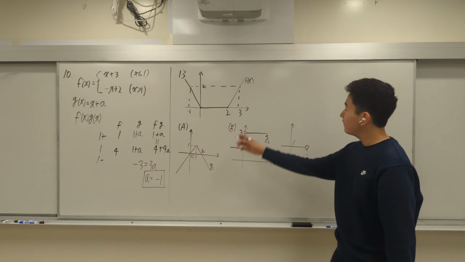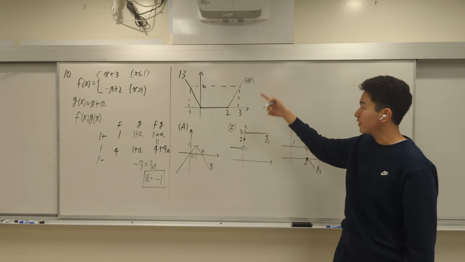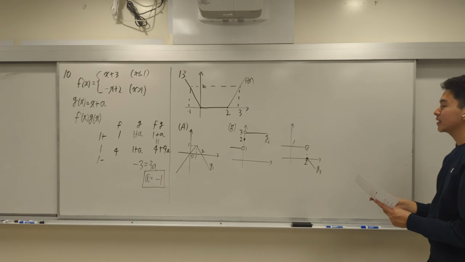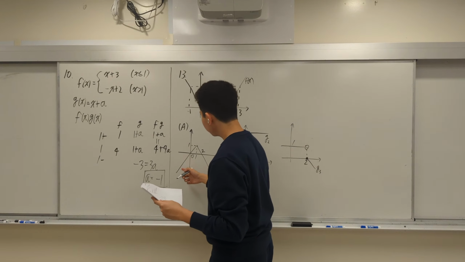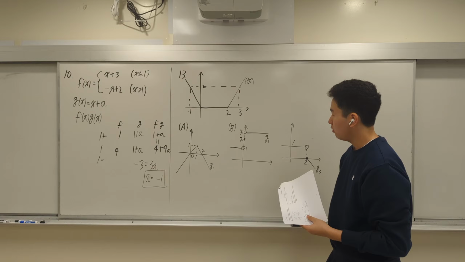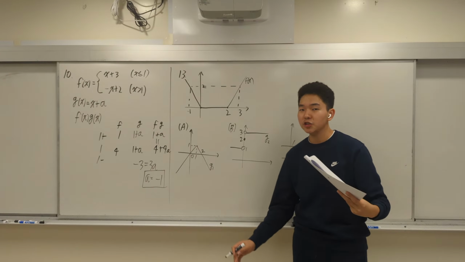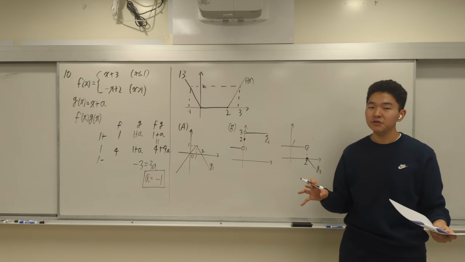So f of x, is there any discontinuities in f of x? We don't see any, right? For every point, we see a continuous function. Now, option A for G1, we also see that function is continuous for all real numbers. So if you multiply a continuous function with another continuous function, will there be any discontinuities?